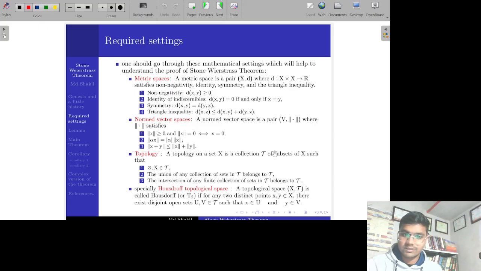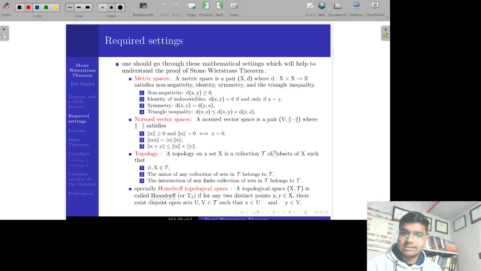Most of us already know what a metric space is from our undergraduate courses. A metric space is just a pair (X, d) where X is a set and d is a function from X cross X to R satisfying some properties: non-negativity, identity, symmetry, and triangle inequality.